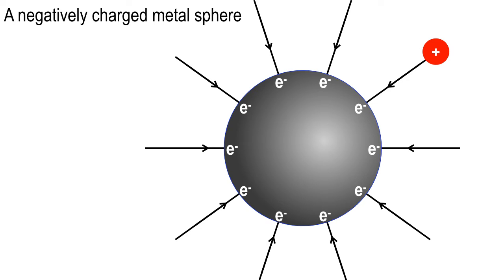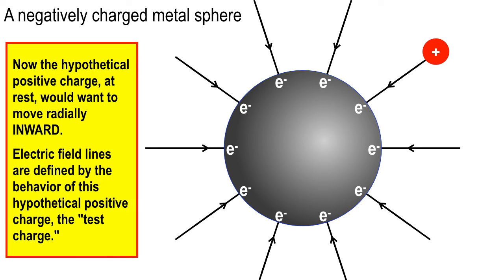If you have some arrangement of charge, whatever it is, you ask yourself, what does a hypothetical positive test charge do? In this case, it would want to move radially inward, if you just park it out there.